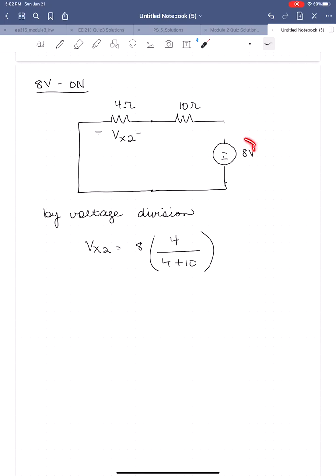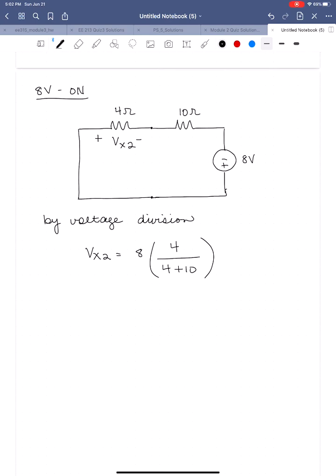This is the only source in the circuit here, so the current's got to flow in this direction from minus to plus in order for the source to be delivering power. And then it's going to flow in this direction, and so it's going to end up flowing from plus to minus. And so yes, the passive sign convention is holding. And so Vx2 is equal to 2.29 volts.